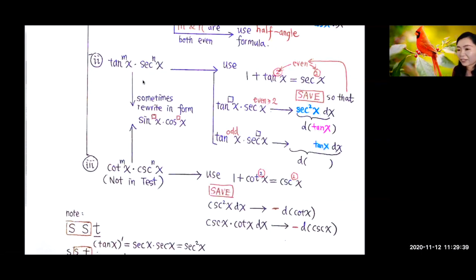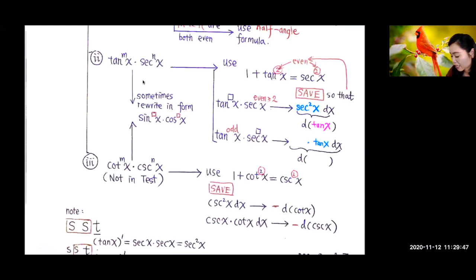But just saving tangent x is not enough, because you need to save a friend with tangent x. Tangent x and secant x go hand in hand. So we save a secant x together with tangent x. Sometimes, even though there's no secant x here, you can still save a secant x, but then later on you divide by secant x.